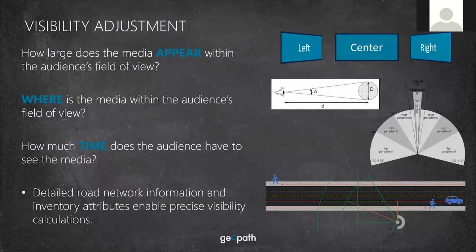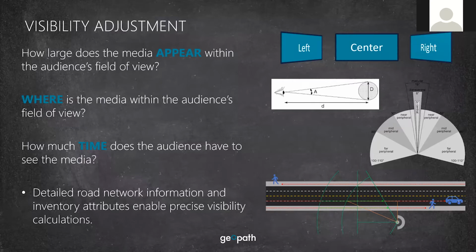The longer that you are within the viewable area of an out-of-home unit, the more likely you are to see it. Now, in some cases, people are driving very fast down highways, and you may have a dwell time of just a handful of seconds. Compare that to some areas where you can see the unit from far, far away for pedestrian audiences, and you might have a dwell time upwards of a minute or even more.